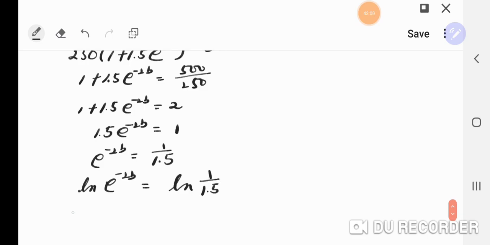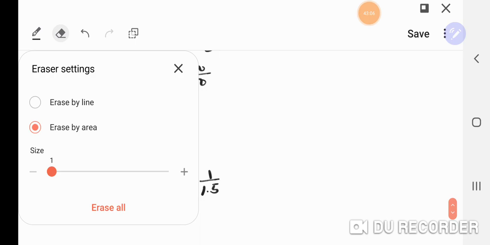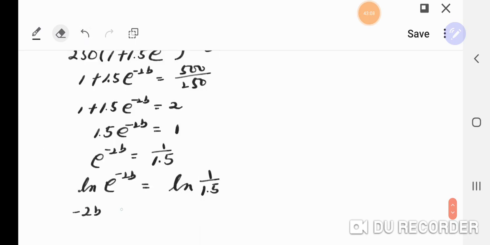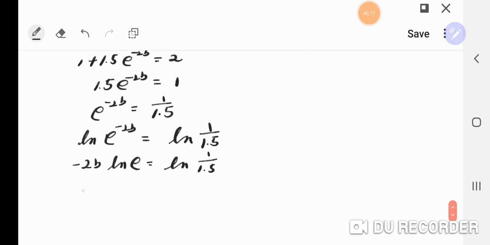Then the exponent moves to the front. ln e is equal to 1, so negative 2b is equal to the natural logarithm of 1 over 1.5.